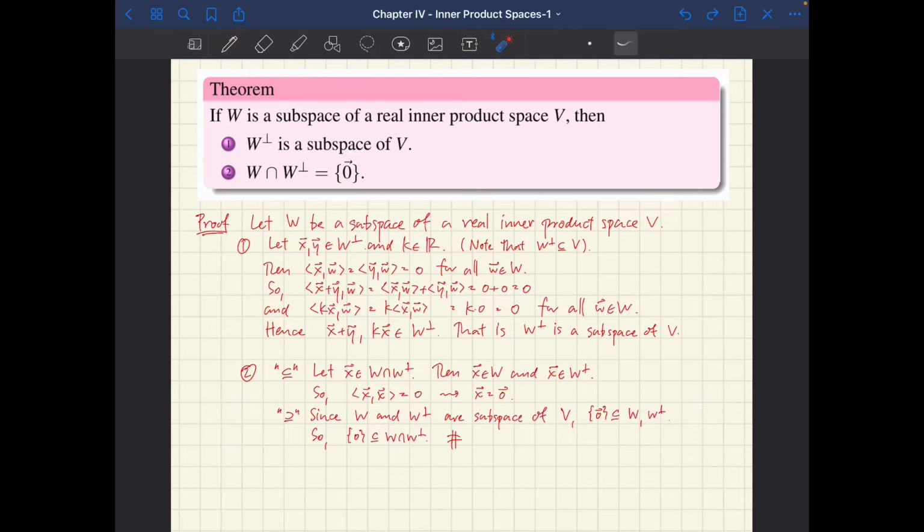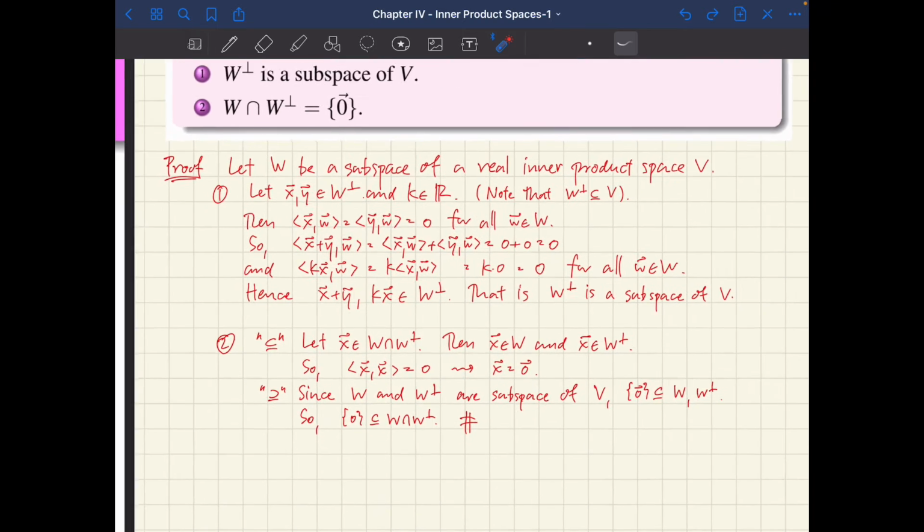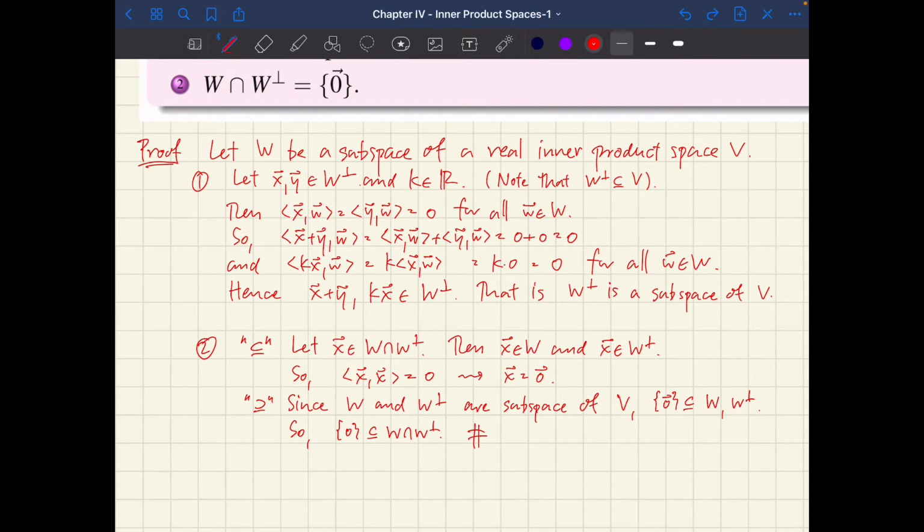But we know that x is an element of W, so from the definition of W perp, we have the inner product of x and x is equal to 0.